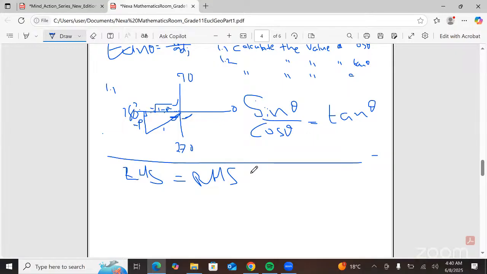But sometimes you work out the left hand side and it's not going to be the same as the right hand side. Then in some cases you will have to work out both sides until they give you something that is the same. Does it make sense? Yes, sir.